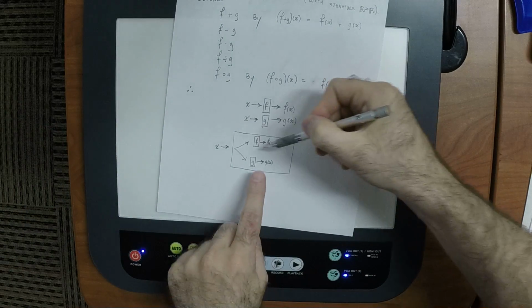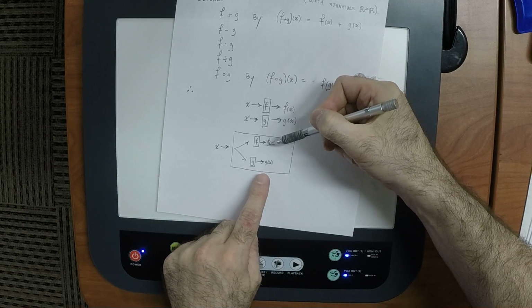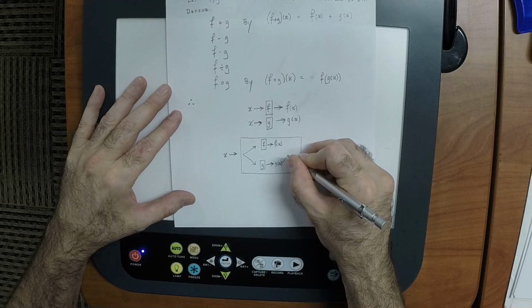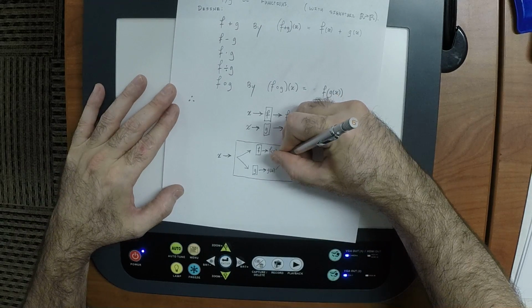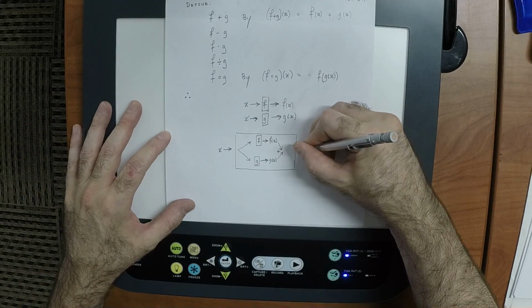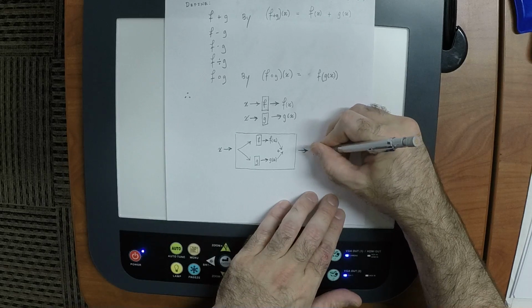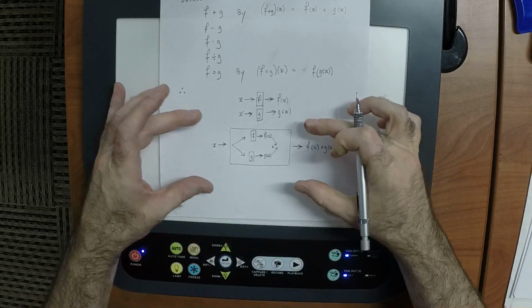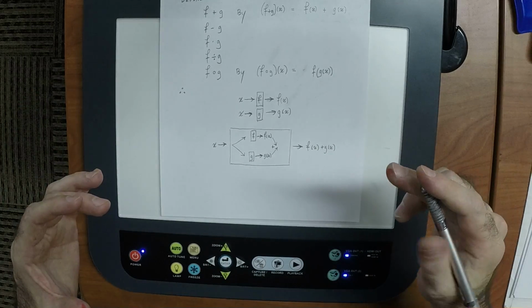So in principle, these things can be done at the same time, right? Then we take these two outputs and we combine them with an addition, and out comes on the other side f of x plus g of x. So this diagram is what f plus g is.